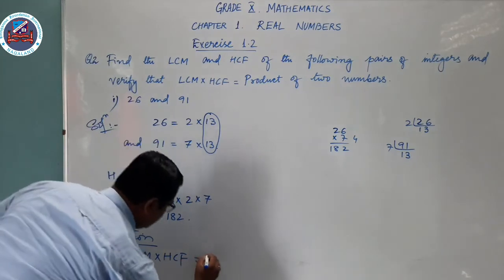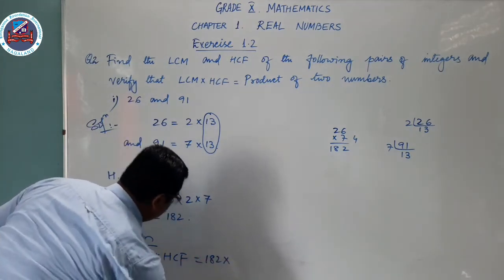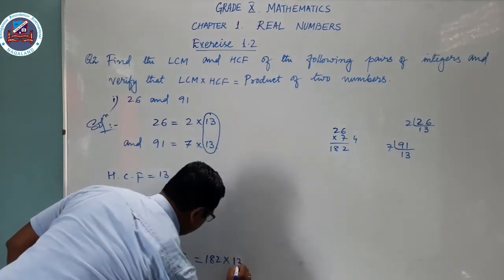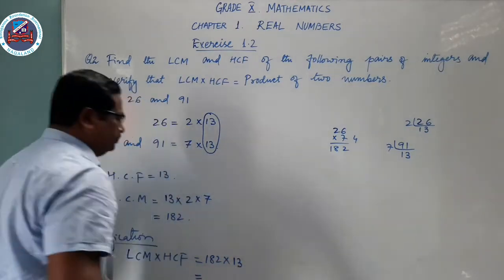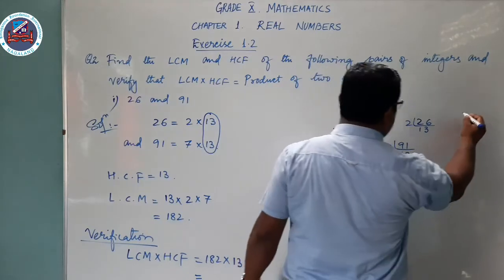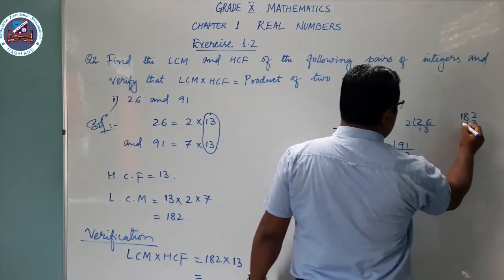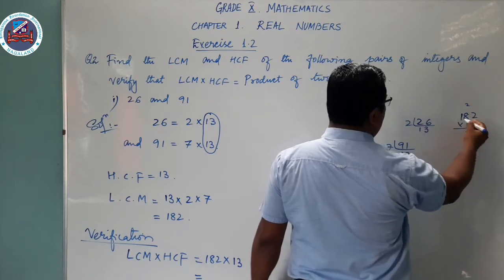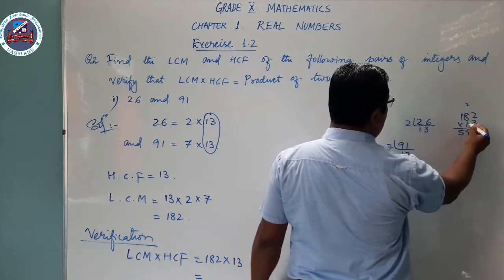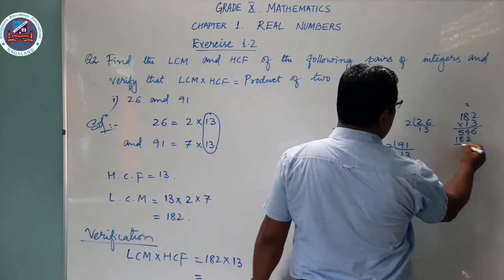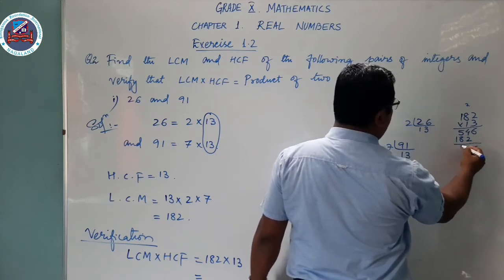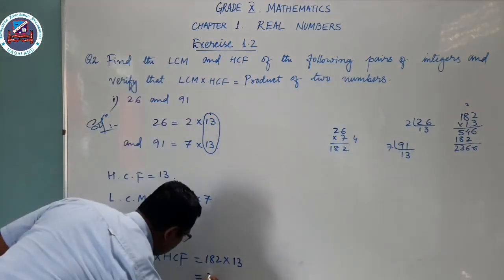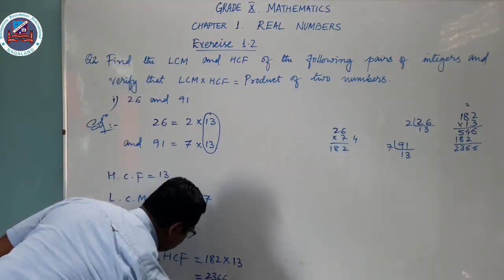LCM we got 182 and HCF we got 13. If you multiply them, you will get 182 into 13, which is 2366.